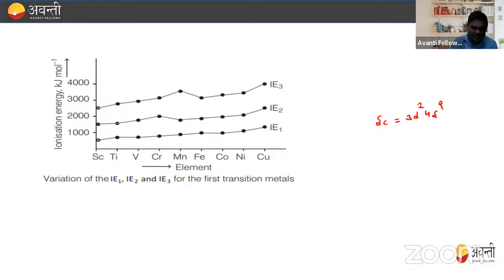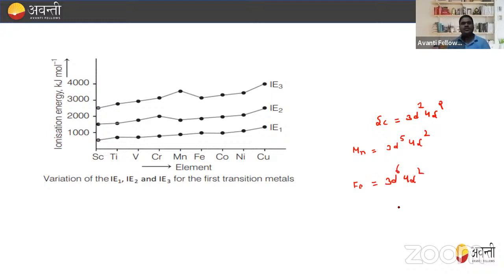Here we can observe one important note: the second ionization enthalpy of Mn and Fe are almost the same, whereas the third ionization enthalpy of Fe is lower than that of Mn. How will you explain this? Mn has electronic configuration 3d5 4s2, and Fe has 3d6 4s2.